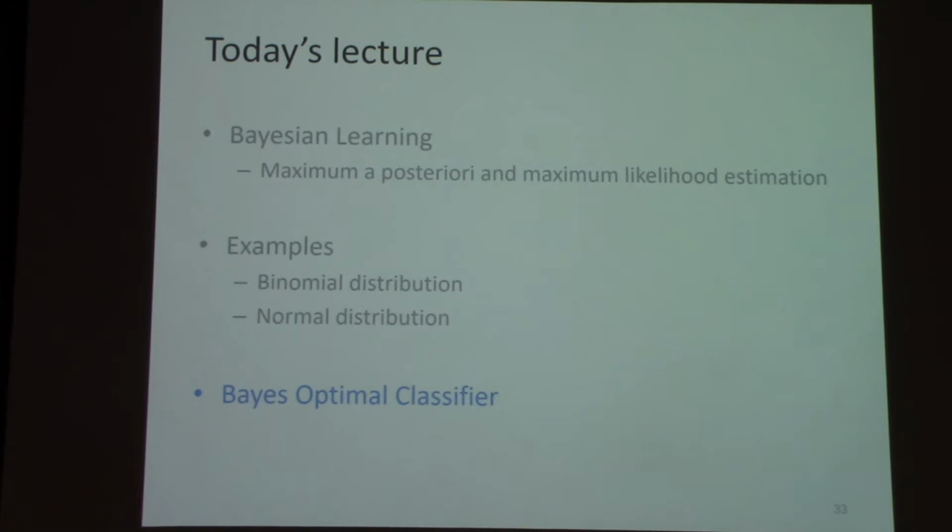And a tweak on maximum a posteriori learning gives you maximum likelihood learning. Maximum likelihood says, I don't have any prior knowledge about the hypothesis space, so let me assume that all the hypotheses are equally likely and apply the maximum a posteriori rule. Under that situation, you pick the classifier that has a maximum likelihood.